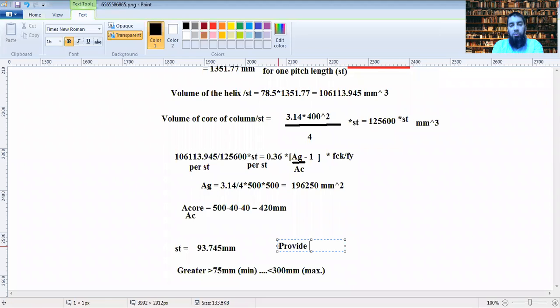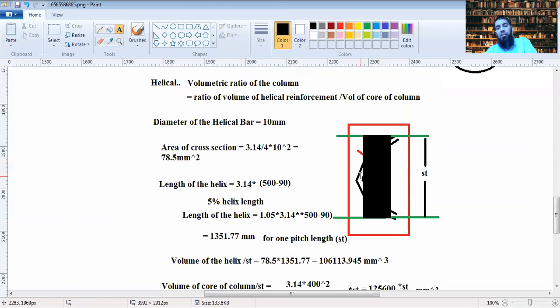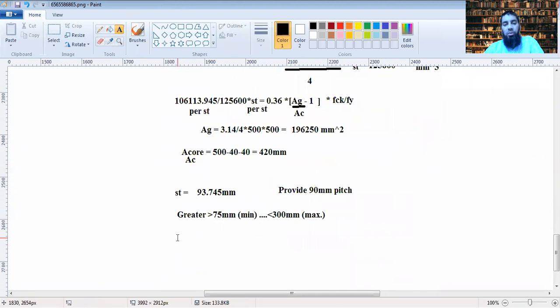Now you will not provide 93.745 in the field. What you will do, you will provide 90 mm pitch, a lesser value than what is required. Why? Because decreasing the pitch means decreasing the spacing, means you are increasing the confinement. You cannot do the reverse here. You cannot provide 95 mm because the max pitch required is 93.745.